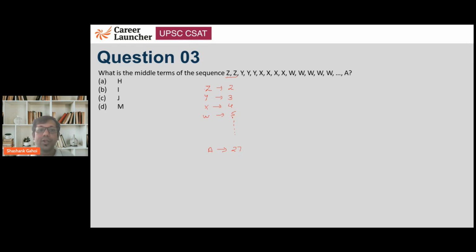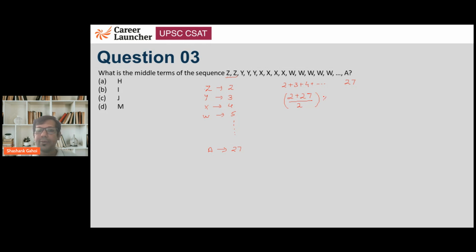Okay. So what is the total number of terms in the sequence? That is 2 plus 3 plus 4 up to 27. Now we know it is an arithmetic progression. So in arithmetic progression, what is the average? That is first term plus last term divided by 2.